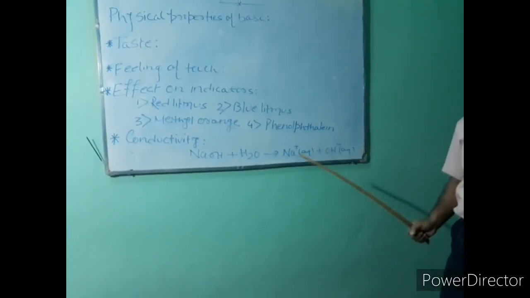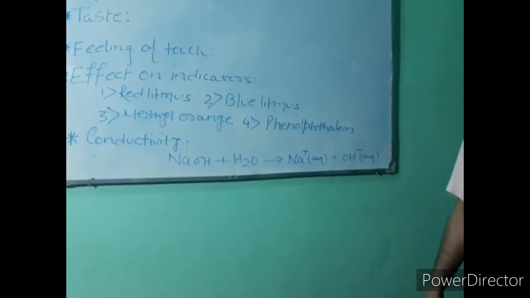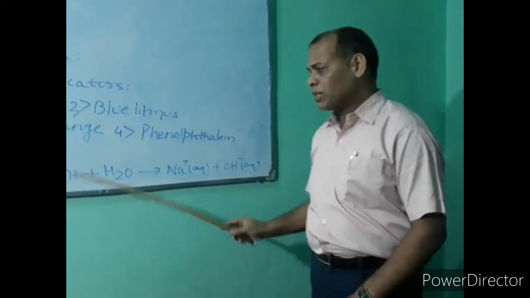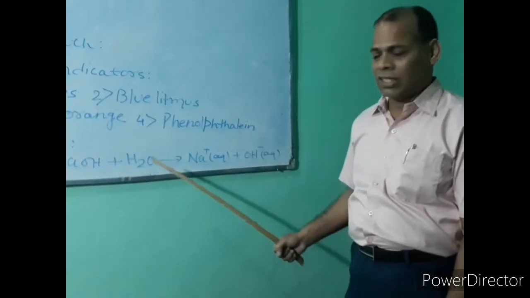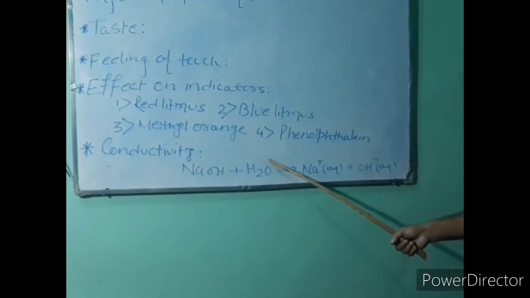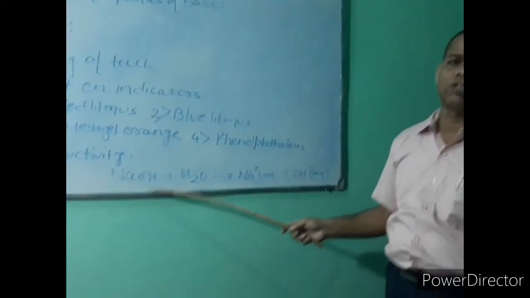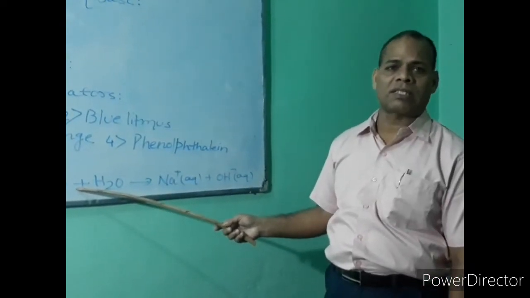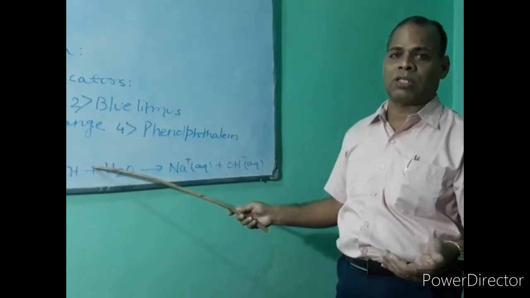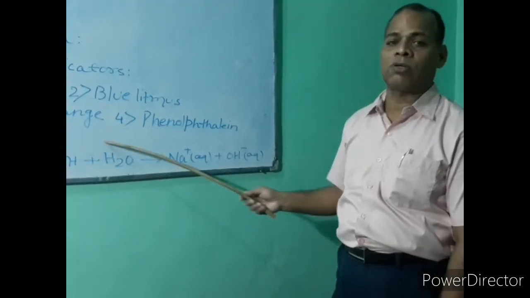This is responsible for the conductance of electricity. Keep one thing in mind: this conductance is only possible when water is present. If you take solid sodium hydroxide, it will not conduct electricity. So there is a need for an aqueous solution. It means it has to dissolve in water.